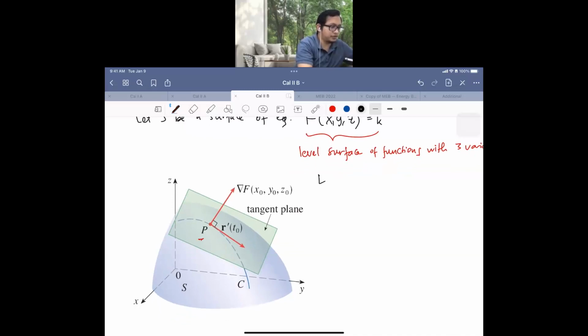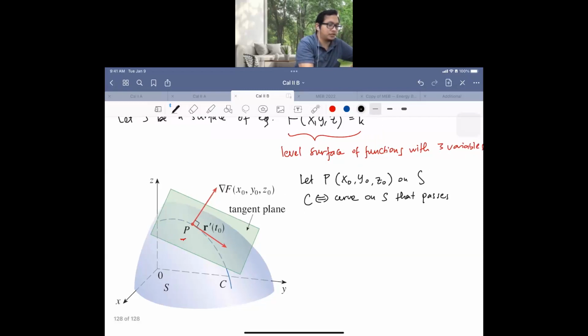So let P be a point (x0, y0, z0) on the surface S, and C will be a curve on S that passes through the point P. And we can let C be a vector function r(t), with parameter t.